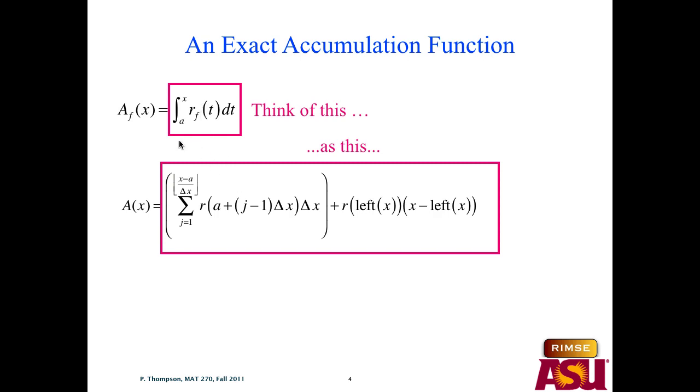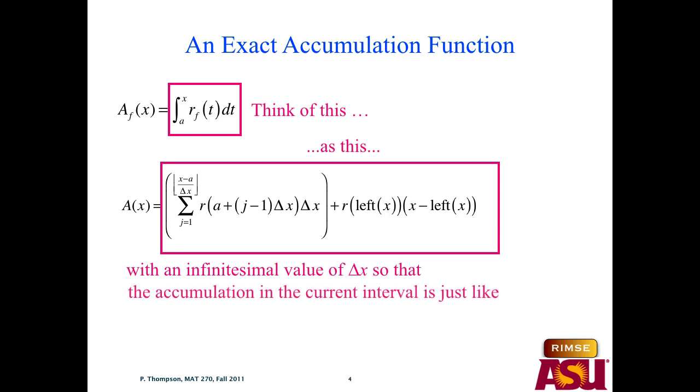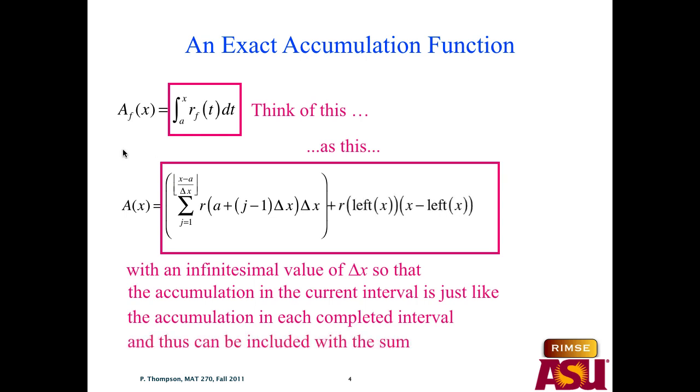It's got the same ingredients to it. We've just got an infinitesimally small value of delta x, so that we're using all of the rate values, and there's not really any current interval versus completed interval. Wherever the current interval is, it's the same size, infinitesimally small, as the complete intervals, so we don't have to worry about that extra term.